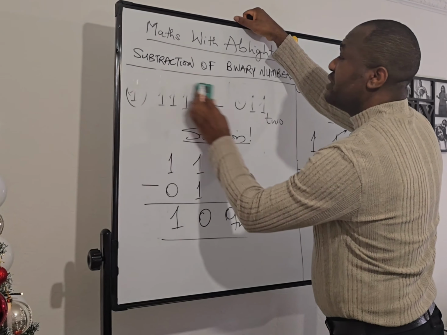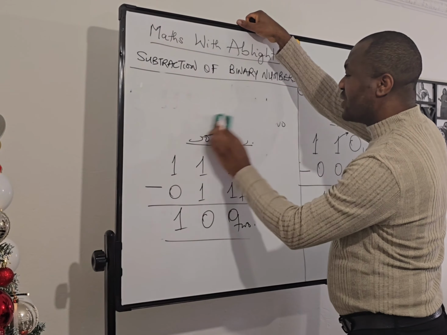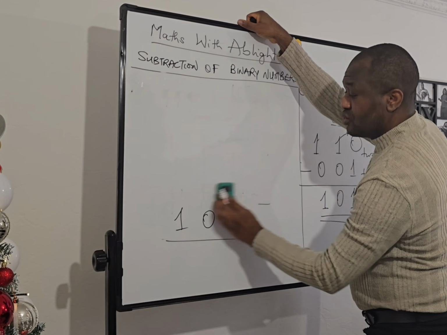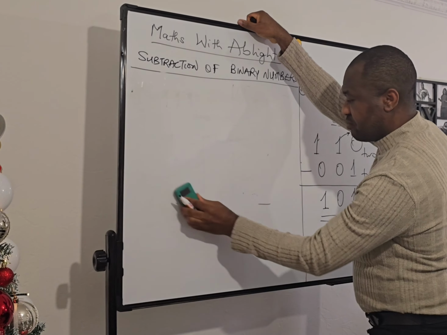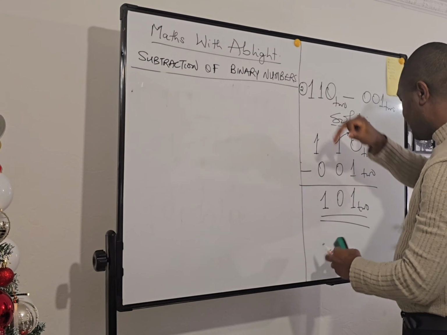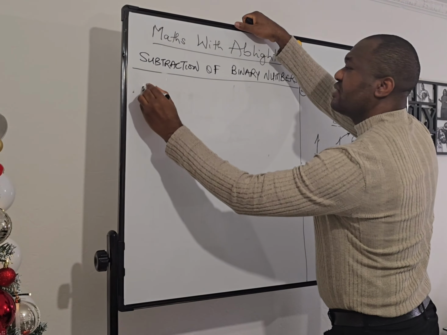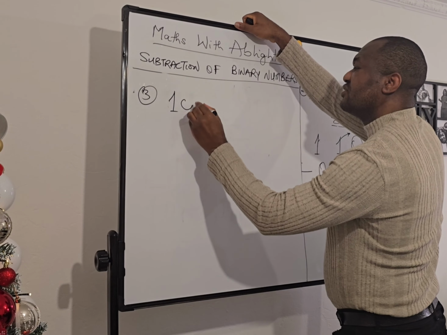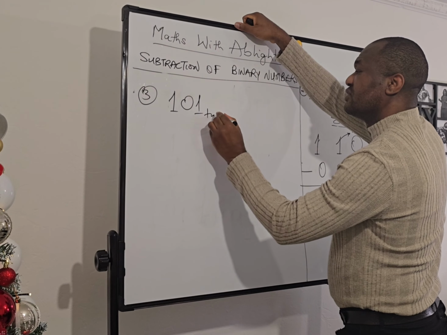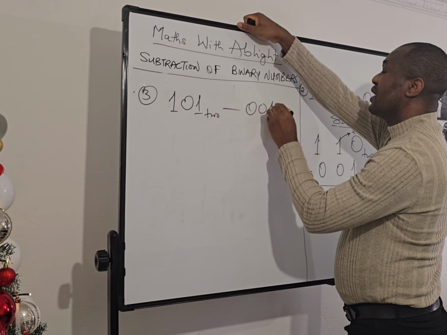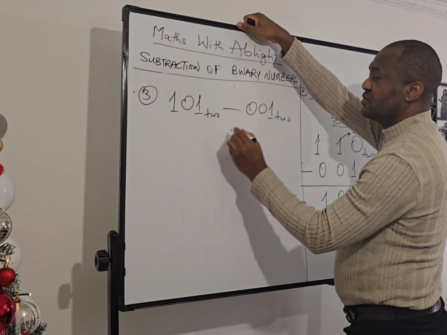The final one will be number 3, under subtraction. In my next video, I will do more examples on plus and minus in binary numbers. We have number 3, 1, 0, 1 base 2 minus 0, 0, 1 base 2.